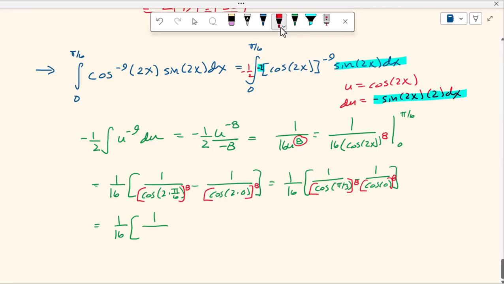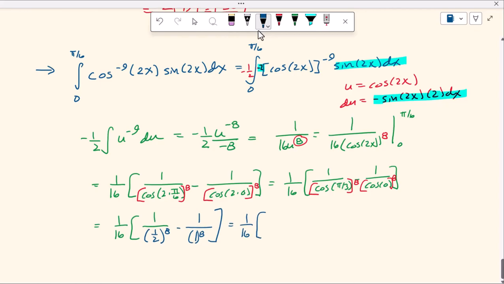So the cosine of pi over 3. Okay, we have our unit circle memorized. The cosine of pi over 3 is 1/2, and again, this is to the 8th power, minus cosine of 0, which is 1, and this is 1 to the 8th power. Okay, so let's go ahead and simplify this.